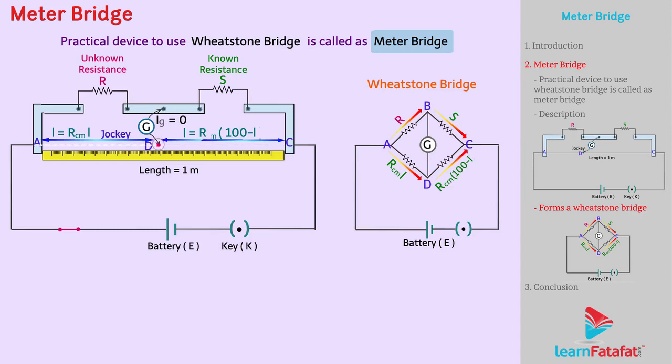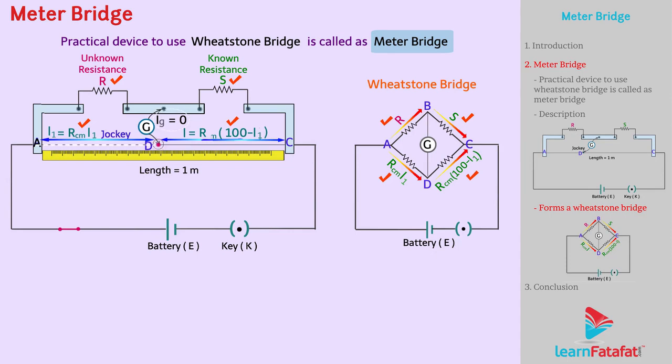Let the point on the wire for which Ig equals 0 be at distance L1 from A, that is, the balanced point is L1 distance from A. Therefore, the resistances in the balanced bridge are R, S, RCM into L1 and RCM into (100 minus L1).